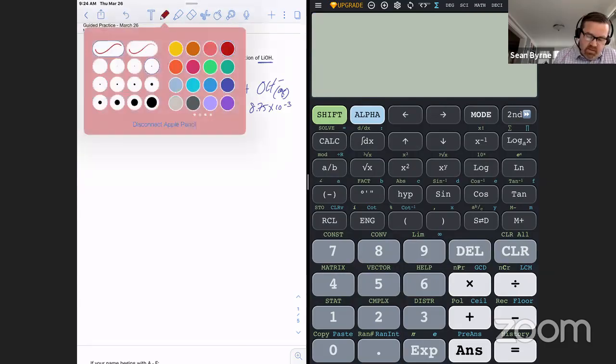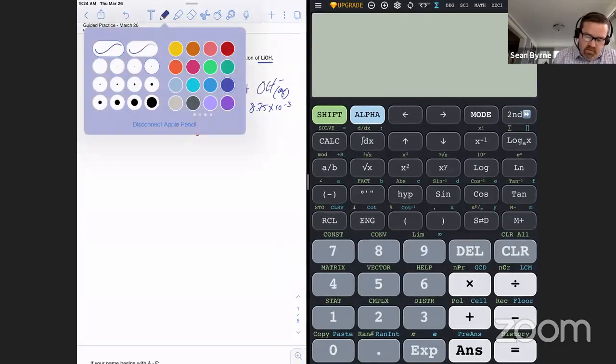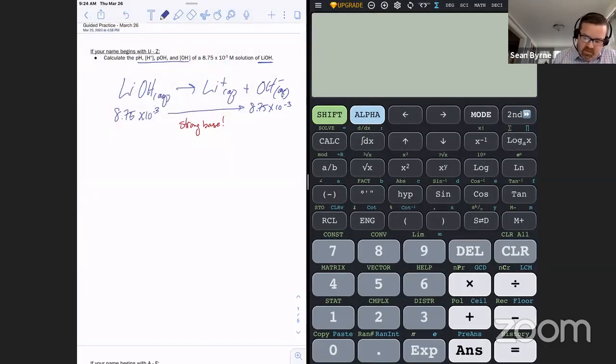Why? Because we've said that this is a strong base. Great. So then our next step would be to say that our hydroxide ion concentration is equal to 8.75 times 10 to the minus 3rd molar.